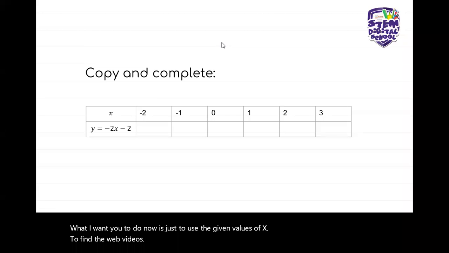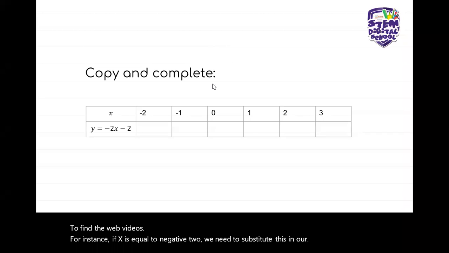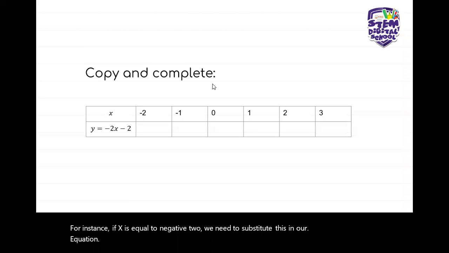For instance, if x is equal to -2, we need to substitute this in our equation. And of course, our equation is given by y is equal to -2x minus 2.